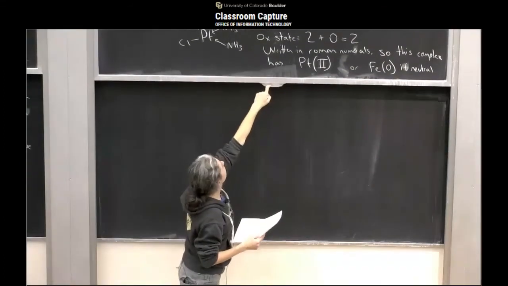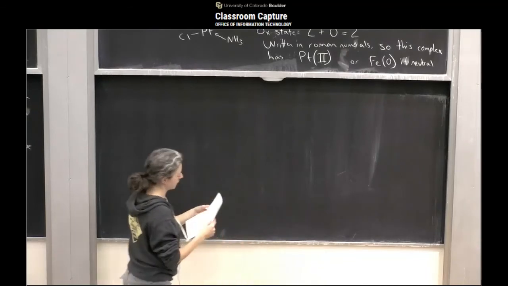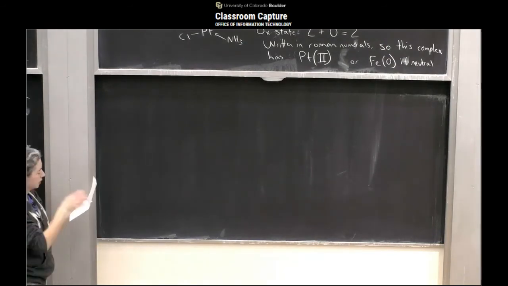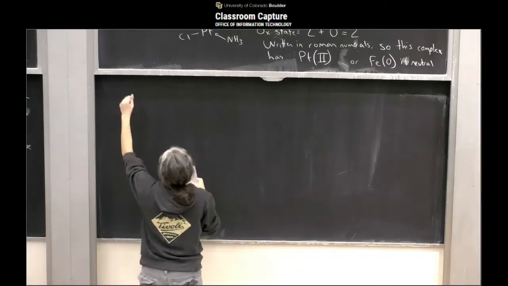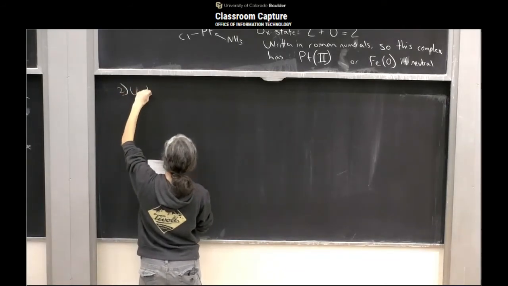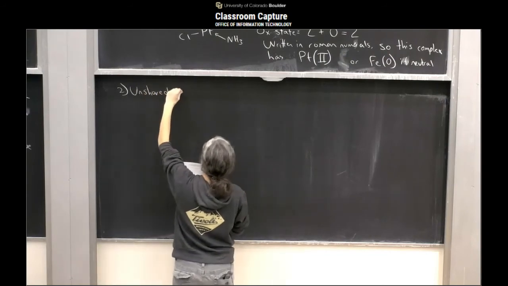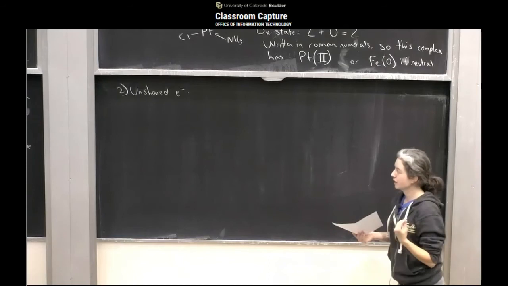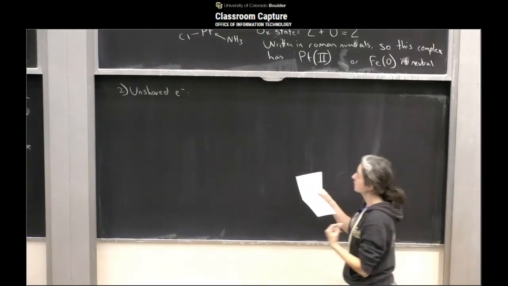This is pretty analogous to the formal oxidation state, just we have more complicated ways of counting electrons because there are now 2 different ways they could be contributed to the metal. This one is a little bit different. This is unshared electrons. It's sort of analogous to counting how many lone pairs there are on the metal.